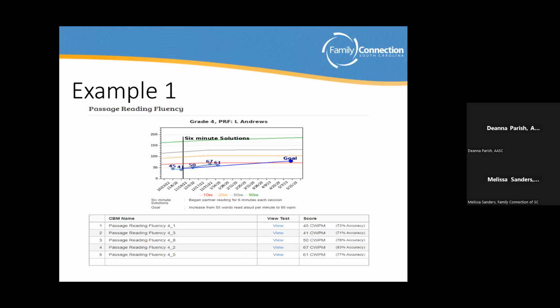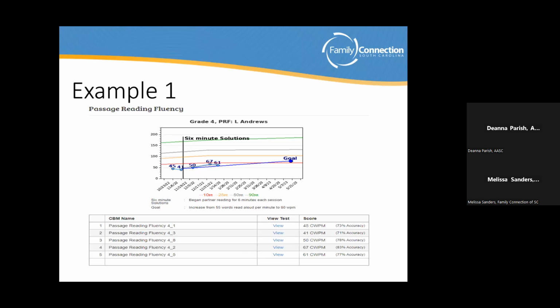So red is 10th percentile, the orangey color is 25th percentile, the gray is the 50th percentile, and the green is the 90th percentile. So our goal line here is that bright blue color. And if we start at 50 and go up to 80, we see where the student needs to go.